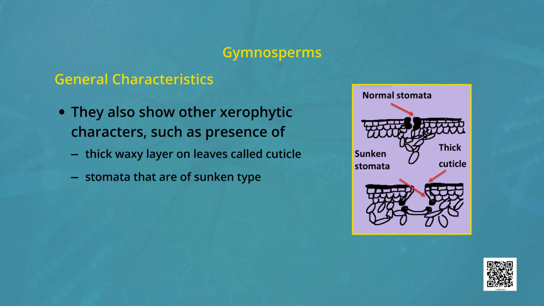They are often called sunken stomata. This adaptation further reduces water loss. You can see the comparison of the position of stomata of higher plants and sunken stomata. The thick upper surface in the given diagram is the thick cuticle.